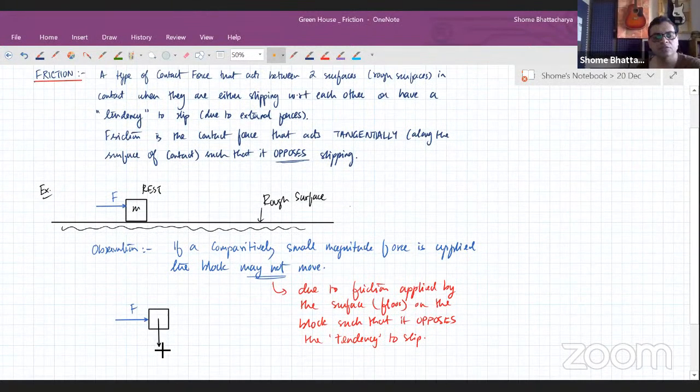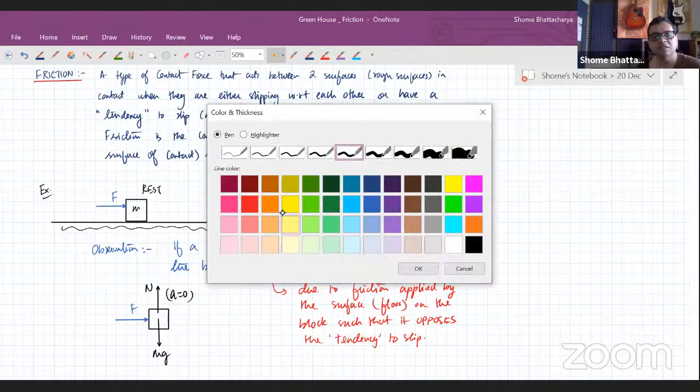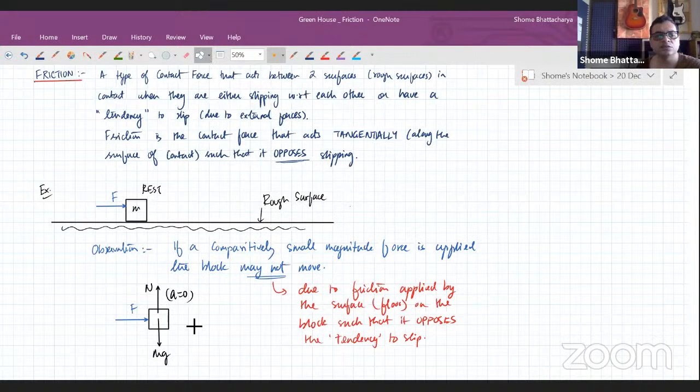But in addition now, something else is happening. Otherwise the block would have developed a horizontal acceleration. Had this been a smooth surface, we would have observed that it starts accelerating, but we are seeing the acceleration is zero. The block remains stationary. That means there is another force that is applying. And definitely there's no other external agent who's pushing from the other side. So it's happening at the surface of contact. The rough floor is applying a force like this, and this is opposing.